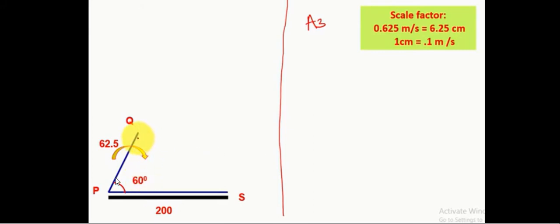Then from there you put a 60-degree line and cut 62.5 mm and you will get Q. From there you cut a compass arc of 175 mm, and 125 millimeters, and you will get a point of intersection. That will be your point R. You should scale it accordingly.